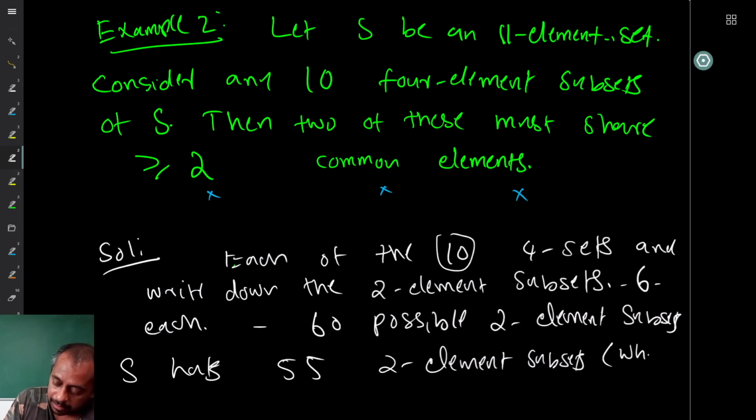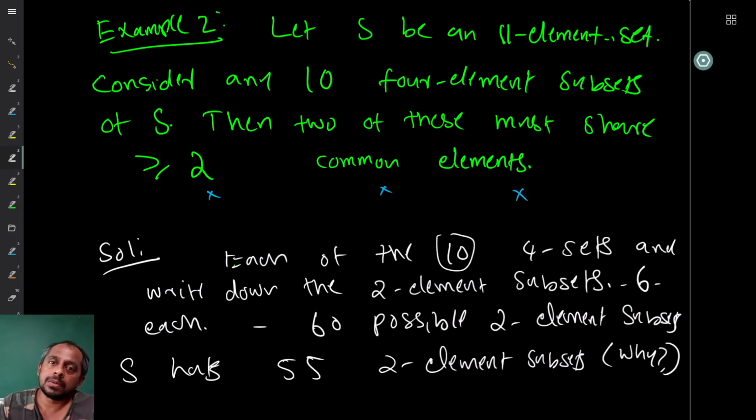Now why? That is something that you need to figure out. Whenever I write why, that is the part that I have not given you proof for, that you have to prove yourself. You have to think about it and do it. So 55 2 element subsets are there.